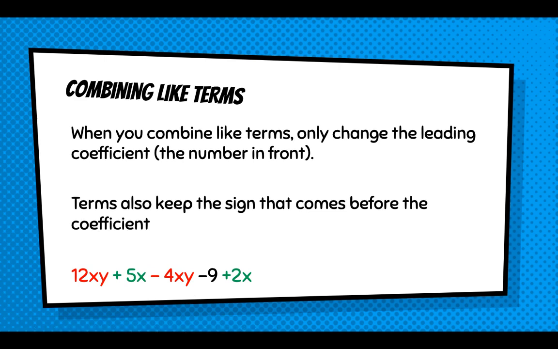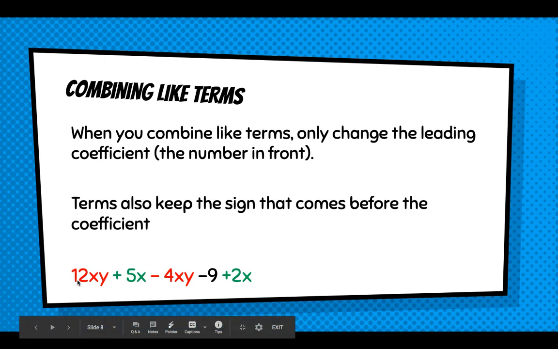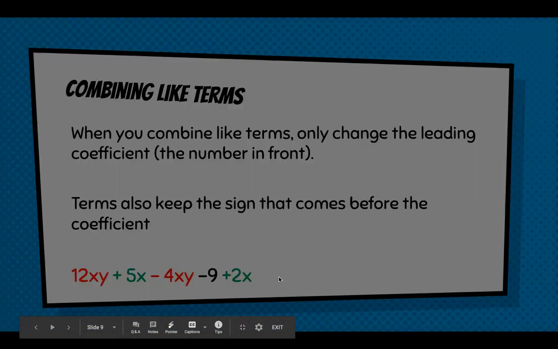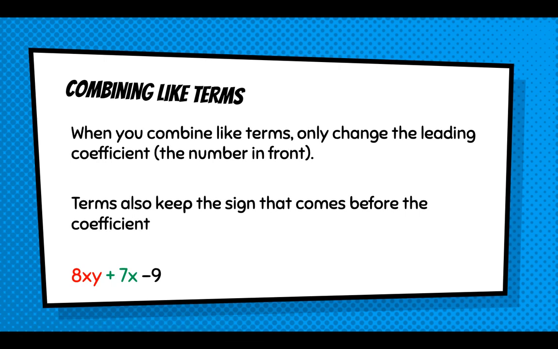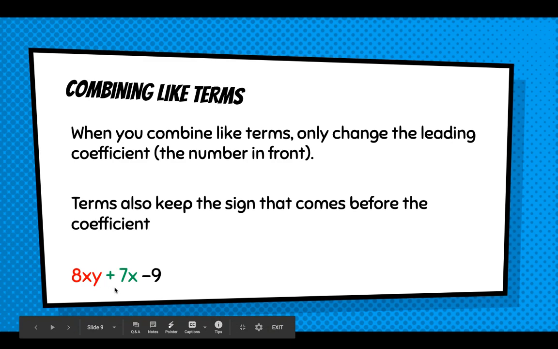But when we combine them, we only combine the numbers in the front, called coefficients. So I'm going to do 12 and negative 4 combined, and then I'll also do 5 plus 2. And so that gives me 8xy plus 7x minus 9. That's simplified because I no longer have any more like terms.